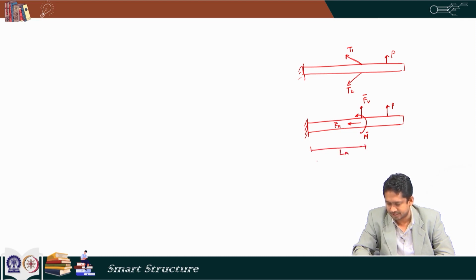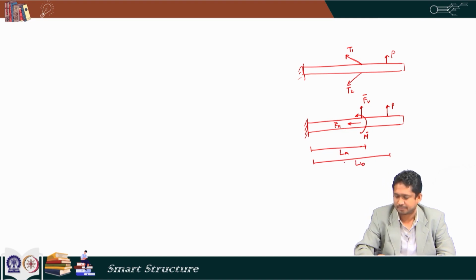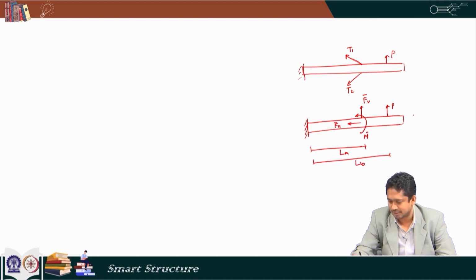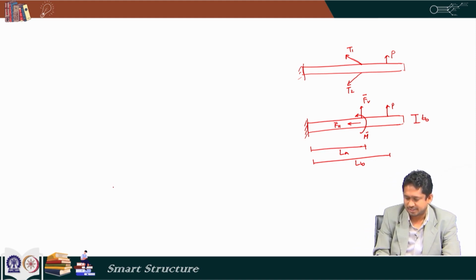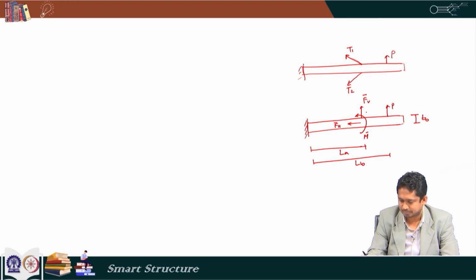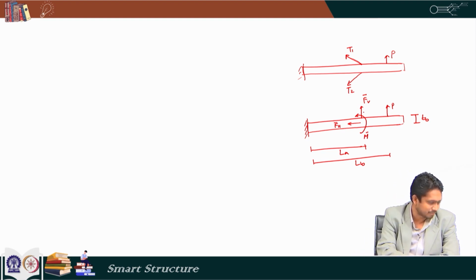As per our consideration, this length is LA and this is LB. Let us also consider that the thickness of the beam is Tb. Now, the question is what is Fh bar, what is Fb bar, and so on.